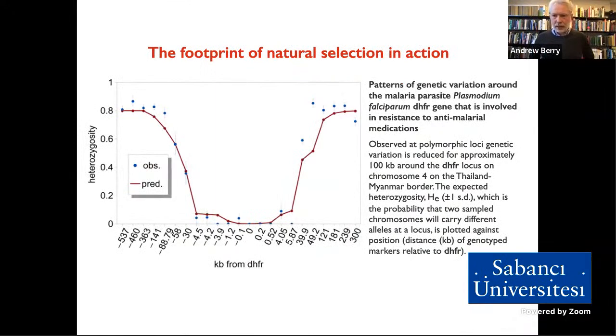This is in the nasty bug called Plasmodium that causes malaria. We've been trying to kill malaria for a long time, and we have some anti-malarial drugs which try and take out Plasmodium. Bad news, Plasmodium has evolved resistance to the drugs we use, the anti-malarials.